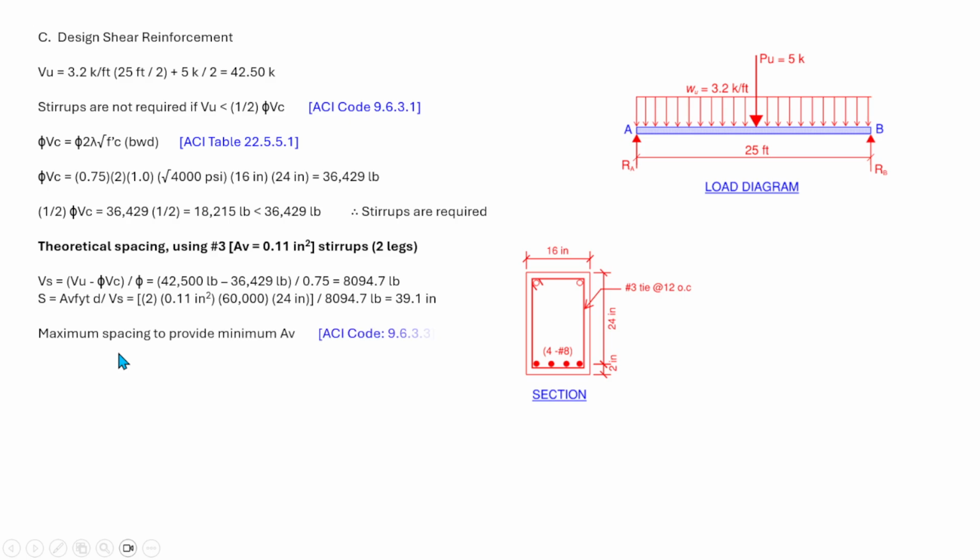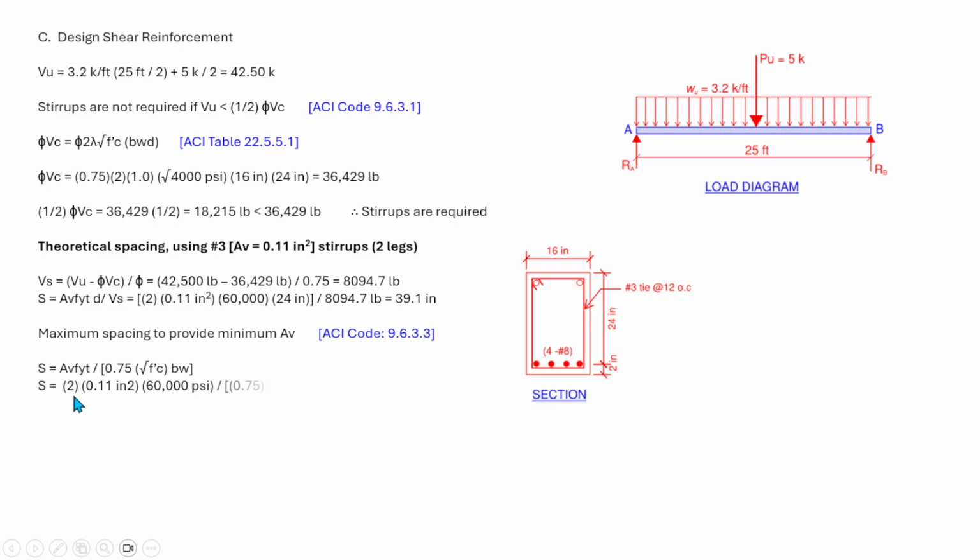Then we need to calculate the maximum spacing to provide minimum Av. And that is the code requirement based on section 9.6.3.3. So the spacing of this minimum requirement is equal to Av times fyt over 0.75 times the square root of fc prime times the width of the beam.